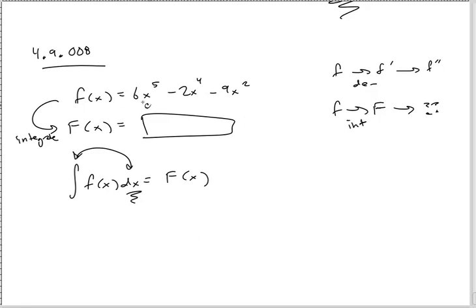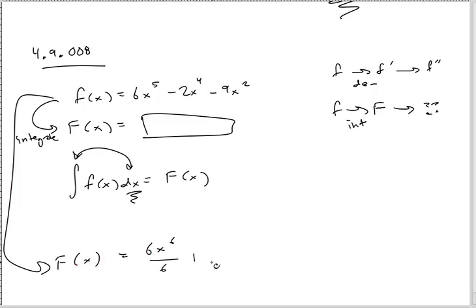Moving on. I want to add 1 to the power and divide by the new power. So here we go. I'm going to take my integral. So add 1 to the power. I had a 6 in the front. Now it's a 6 power divided by the new 6. That's a minus. I had a 4 power. Now it's a 5 power divided by the new 5. And then I had a square, so now it's a cube divided by the 3.